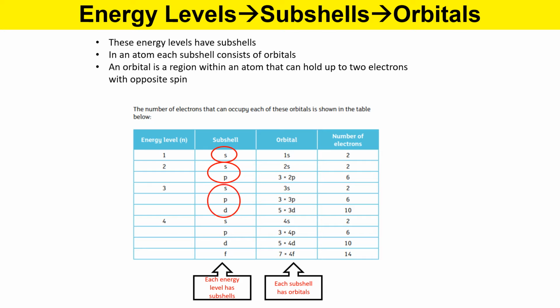If we move on to the third energy level, we have an S subshell, a P subshell and a D subshell. The D subshell is made up of 5 D orbitals. And finally, energy level 4 has an S, a P subshell, a D subshell, and now also an F subshell. And an F subshell has 7 orbitals.